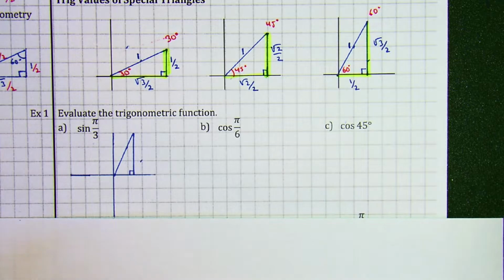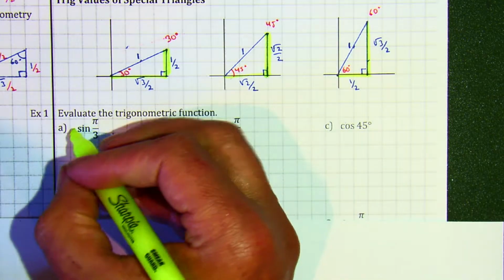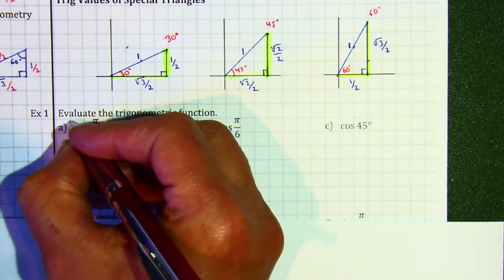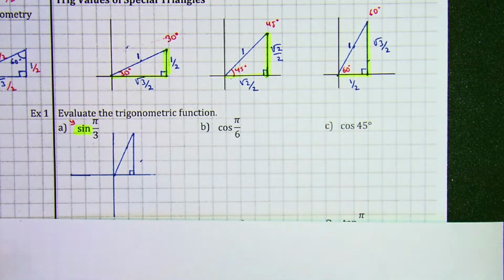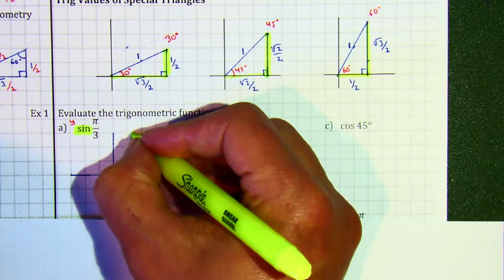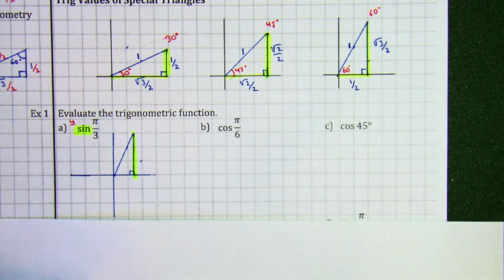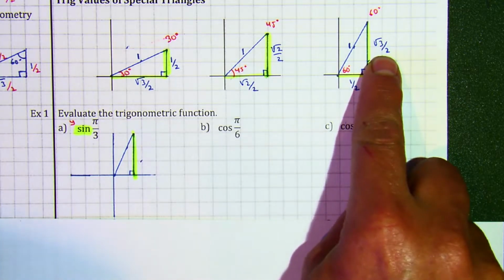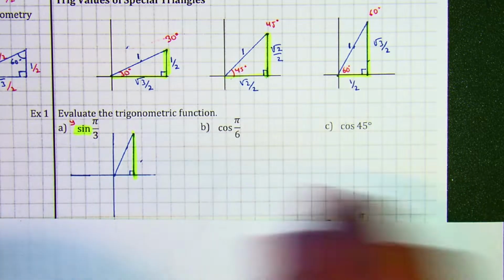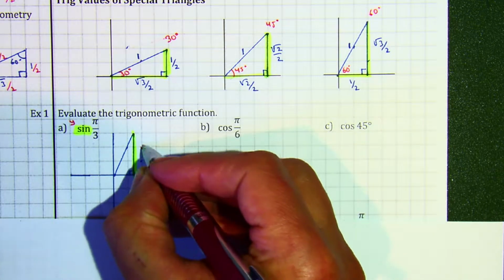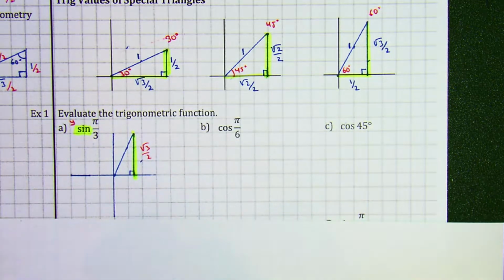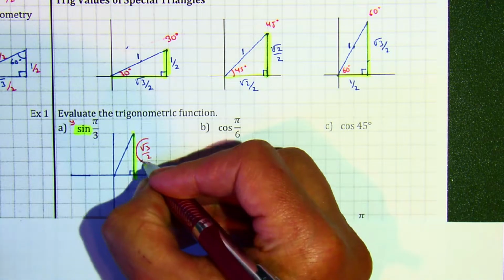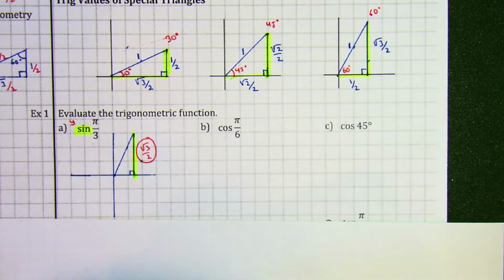So I need to think, is my sine my x or my y? My sine is the y value. And I need to think, is the y value the shorter side or the longer side? Your y value is your longer side, which is the square root of 3/2. So therefore, the sine of pi over 3 is equal to square root of 3/2.